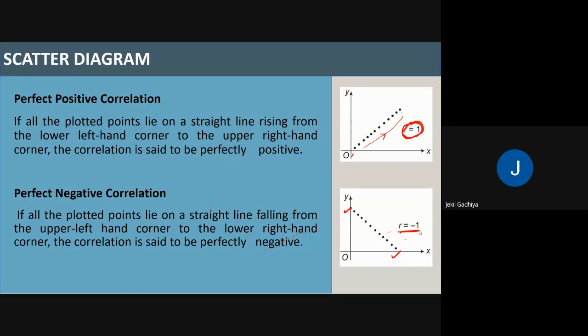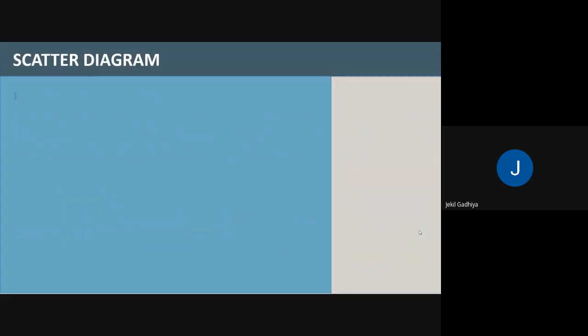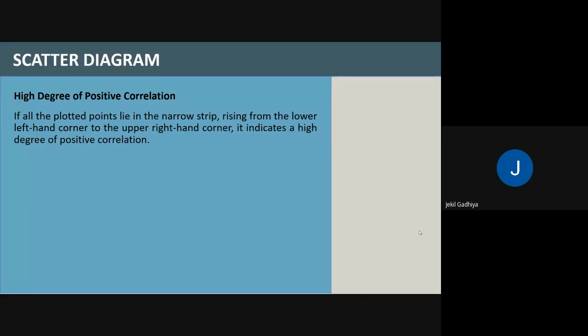Okay, next is high degree of positive correlation. Now, what do you mean by high degree of positive correlation? If all the plotted points lie in a narrow strip rising from the lower left hand corner to the upper right hand corner, it indicates a high degree of positive correlation. And the graph is like this.